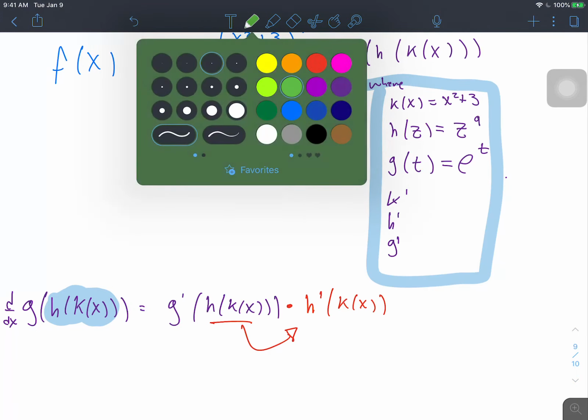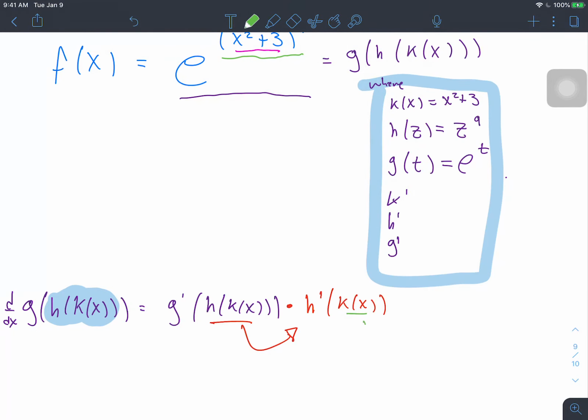And then, finally, we multiply by the derivative of the inside, which is k prime of x. So two chain rules happened. We have a total of 3 functions, 2 compositions, and 2 chain rules to do this derivative.